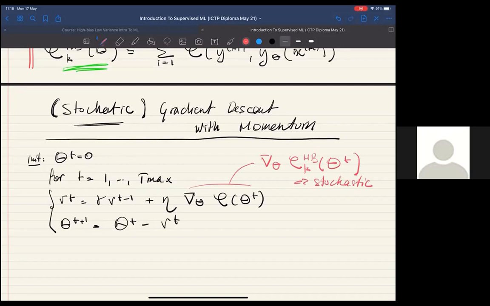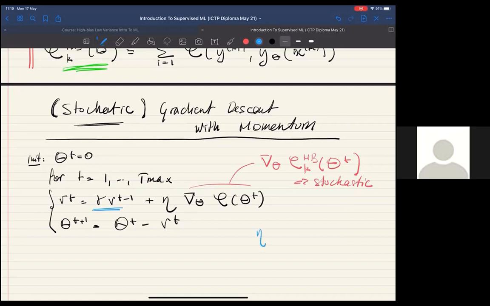So what is the difference with before? The only difference is this term here. You see now that the velocity is not anymore just related to the gradient, but there is also a term proportional to the velocity at the previous time step.